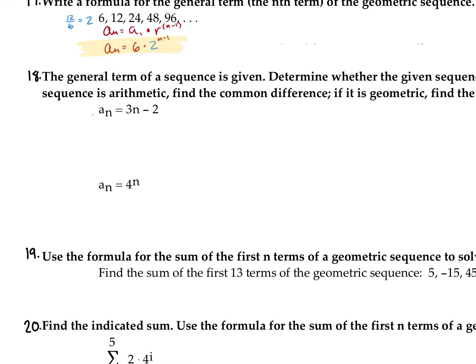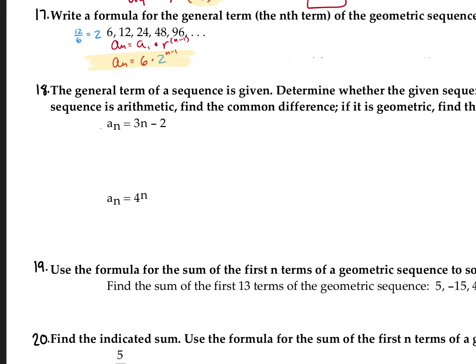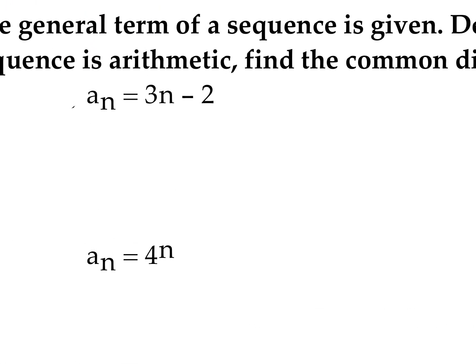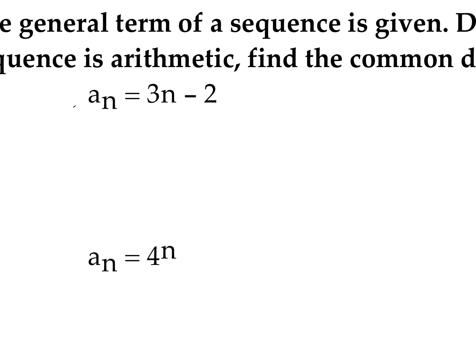18. So for this, we have to determine if it's arithmetic, geometric, or neither, and find the common difference or the common ratio. So we can plug in values to see. So a sub 1 would be 3 times 1 minus 2, which is 1. A sub 2 would be 3 times 2 minus 2, which is 4.